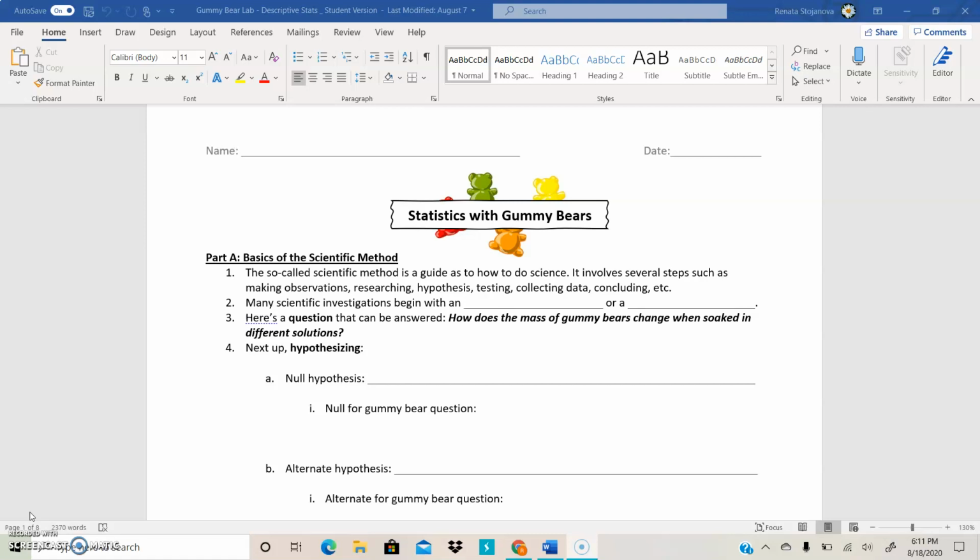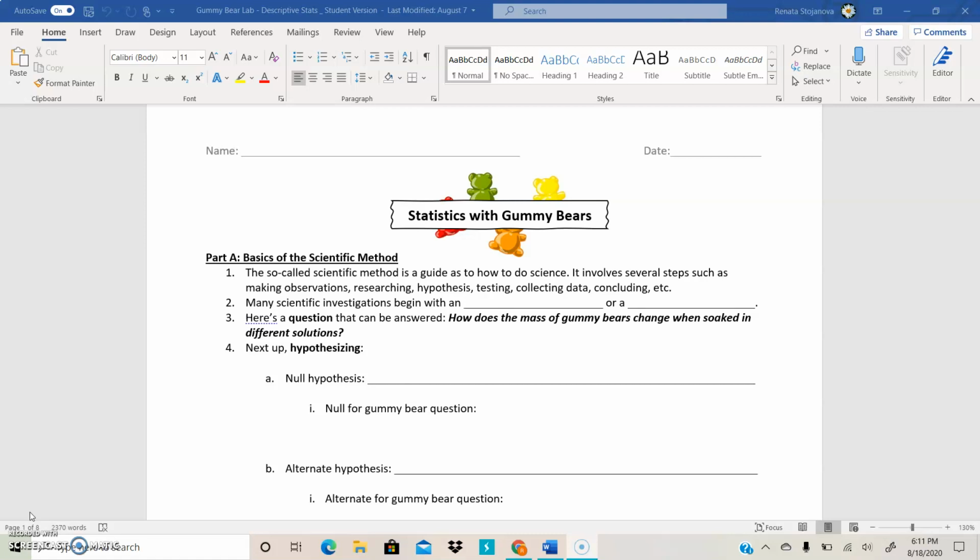I'm looking at number 2 now, and it says many scientific investigations begin with a blank or a blank, and you should be thinking and responding with an observation or a question. Most of the time, investigations begin with either an observation or a question that you might have.